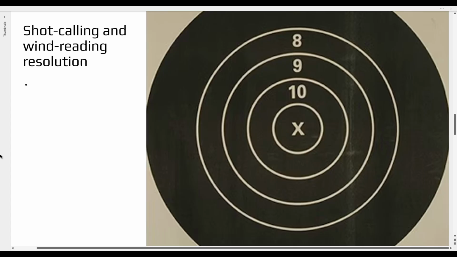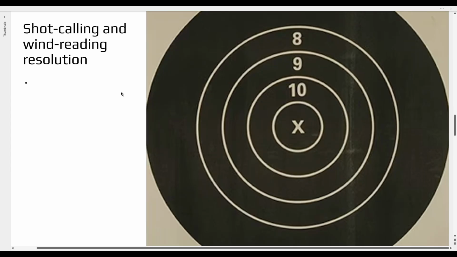So I hardly ever practice at full distance, but when I do shoot at full distance, I am able to effectively adjust for the wind. And so the question is, well, how is that possible? So let's talk through this, through some examples.